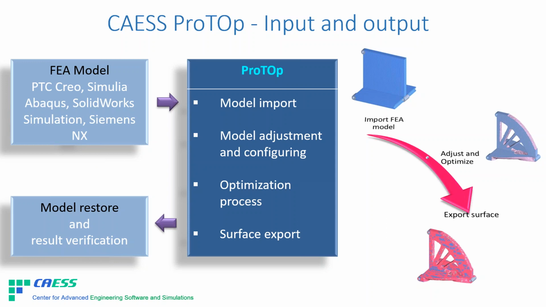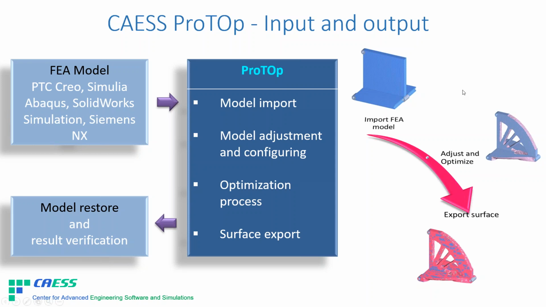And this FEA model can currently be prepared in PTC Creo. From PTC Creo, ProTOP can also be started directly from Creo's toolbars. The FEA model can also be prepared in Simulia Abaqus and exported as an input file, in SolidWorks Simulation, and Siemens NX. So these are currently the modeling or CAE software where the FEA model can be prepared that can be imported into ProTOP.